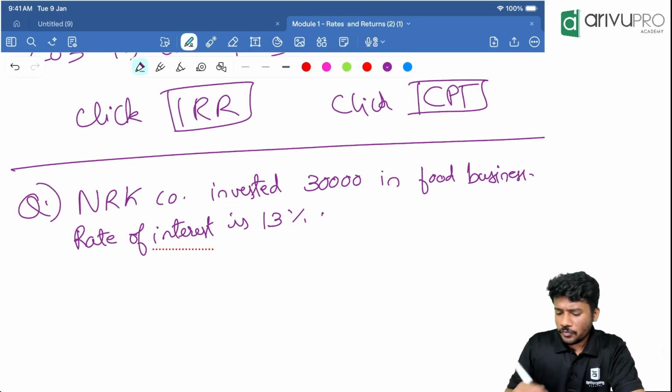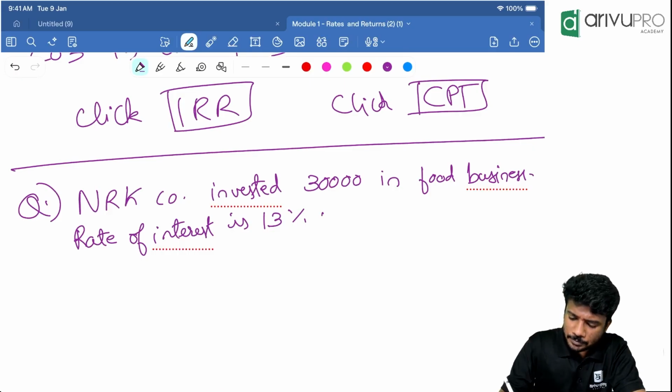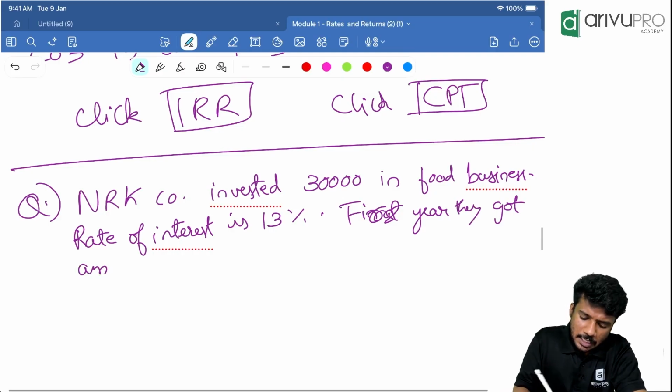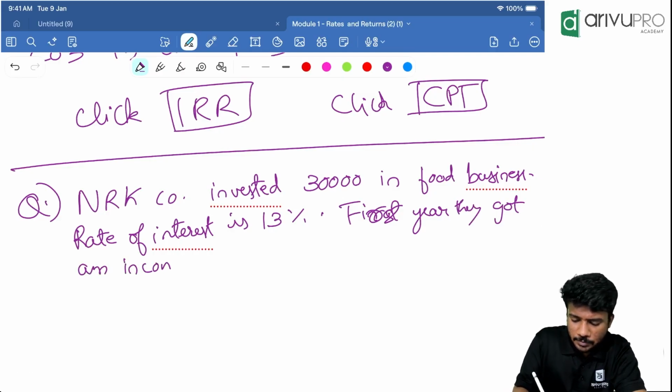Then we are going to say that in the first year they got an income of 10,000 rupees.